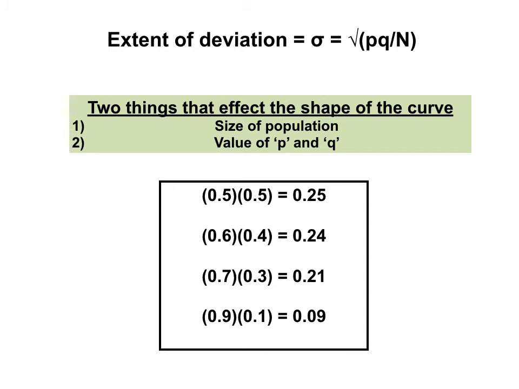So intuitively we understand, or we can connect, this population size effect on the extent of deviations. This is just a mathematical, numerical way of doing it. The next slide, I'll show you a graphical way to interpret it.